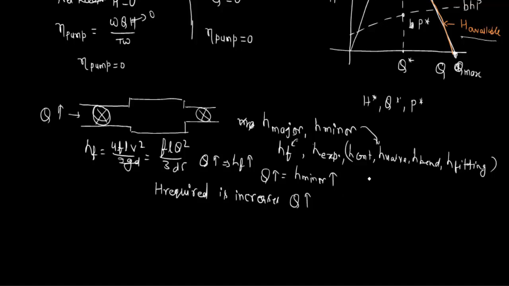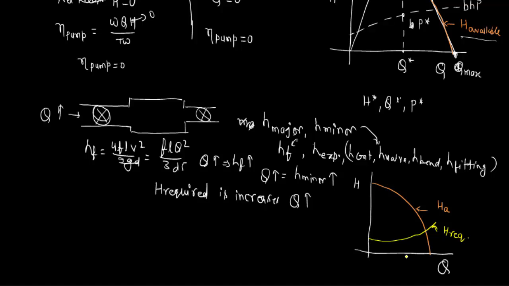Okay, so if I'm drawing a curve here on our system again, this is our discharge and this is our head. This curve is presenting the H available, and let this curve present the H required.